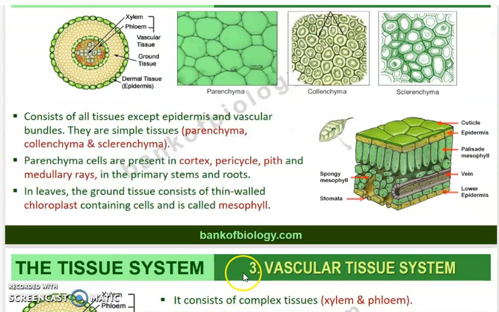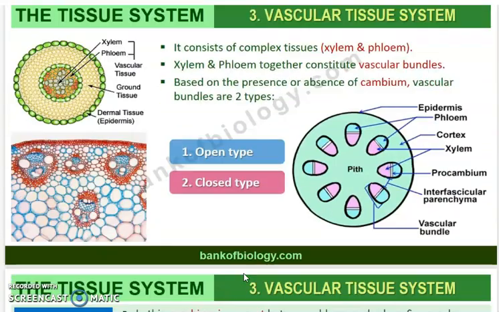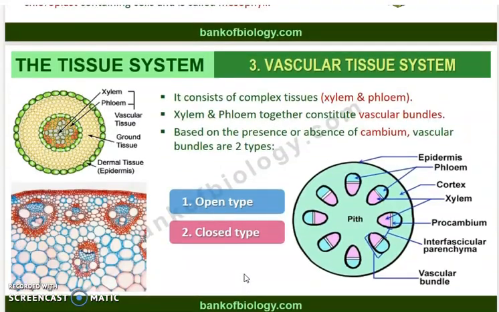Clear? Now let us move on to a major part of the tissue system, which is the vascular tissue system. This is a very important part in this chapter. You will be learning about the vascular tissue system in monocot, dicot, stem, root and leaf. So let us start.